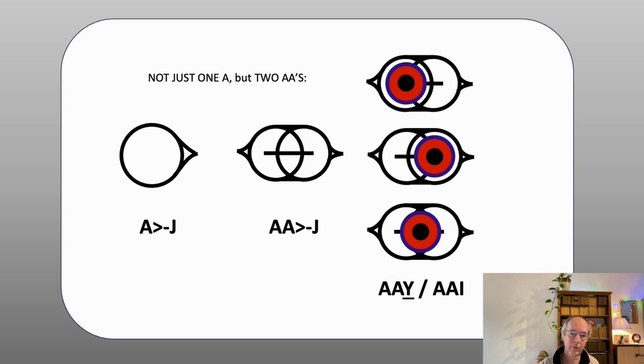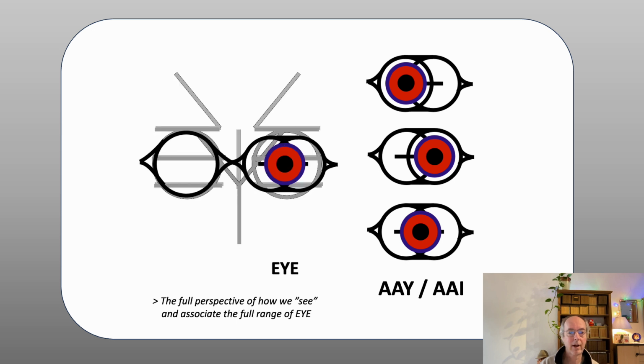So now when I refocus myself onto the totality of I as a spoken word and as a written word, I have this I once again, which is our complete picture, how we see the eye. We don't see just one eye, we see the eye together with the two eyes.